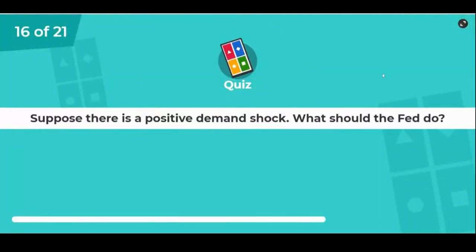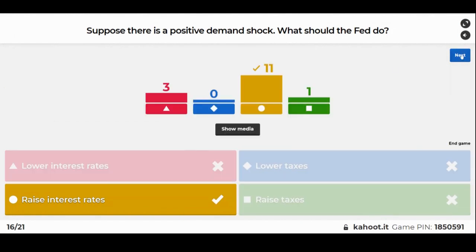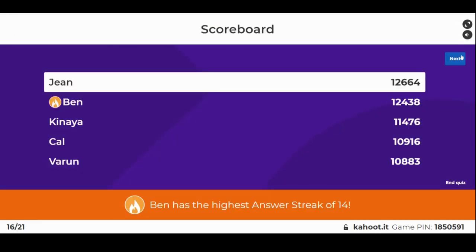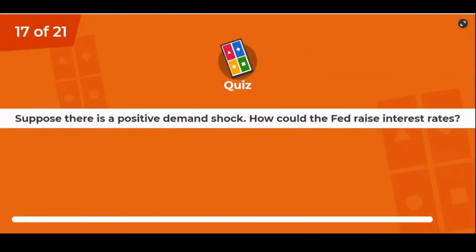Suppose there is a positive demand shock. What should the Fed do? Raise interest rates, that's right, to move the demand curve back where it was before. Suppose there is a positive demand shock. How could the Fed raise interest rates?